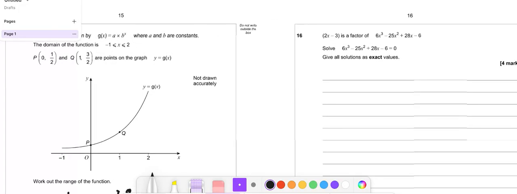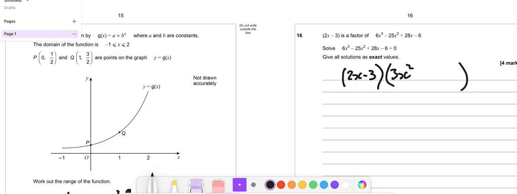Okay, 16. 2 minus 3x is a factor of this, solve this. So it's a factor, meaning 2x minus 3. And then I know it must be 3x squared. And then I know this must be plus 2.